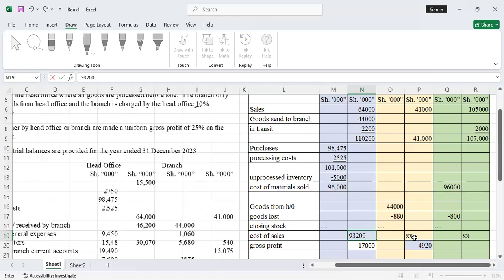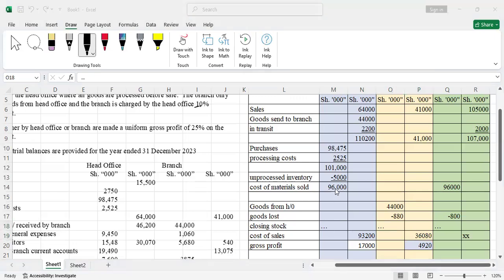And here, this one is 360,80. So you can work backwards and give us the closing stock. Now, what must we less from 96,000 to get 93,200?